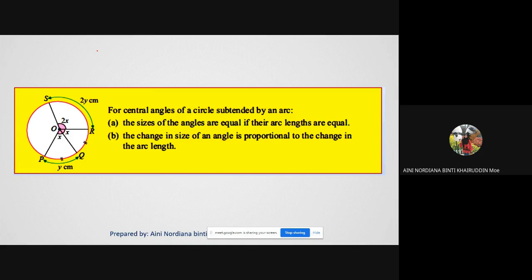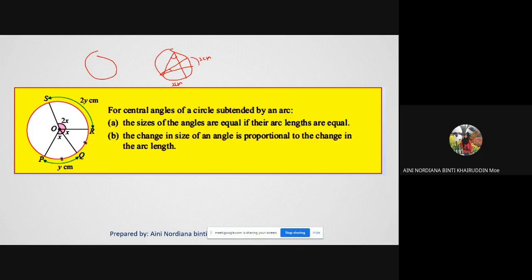Yesterday, if you have a circle and you have an arc, let's say 2 cm, then you have another arc, the length also 2 cm, so the angle at the circumference equal.